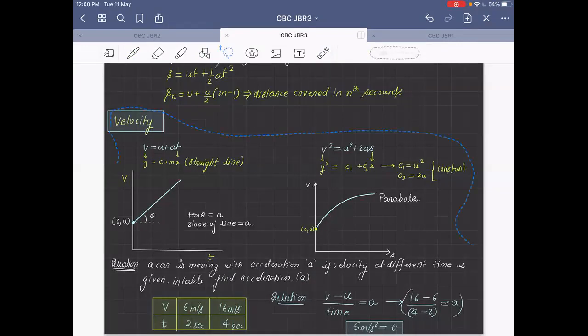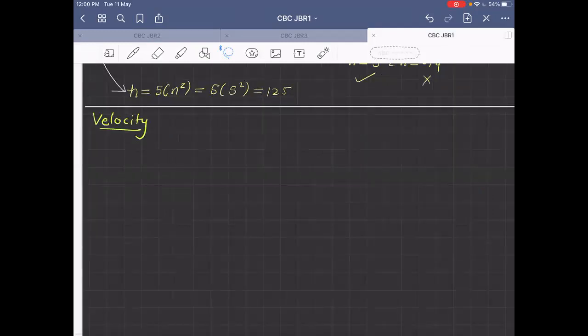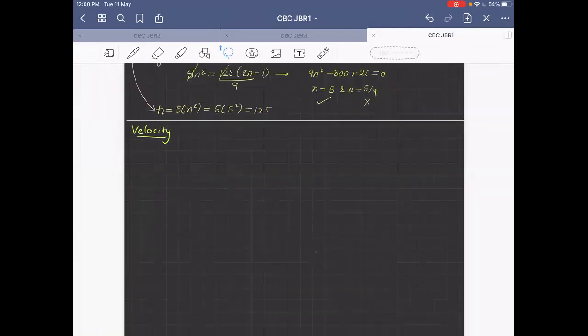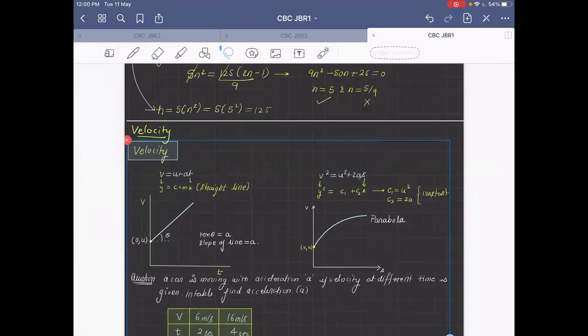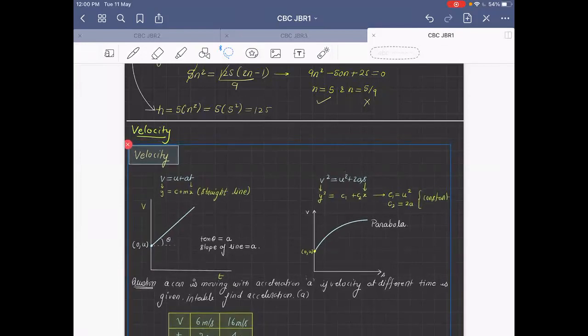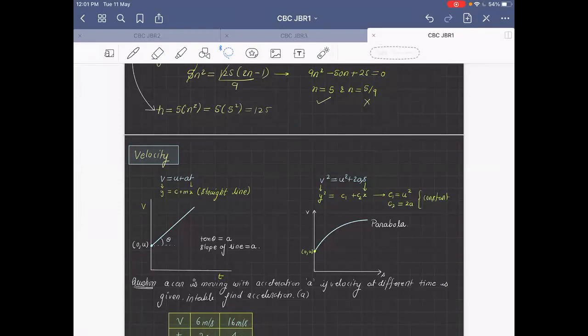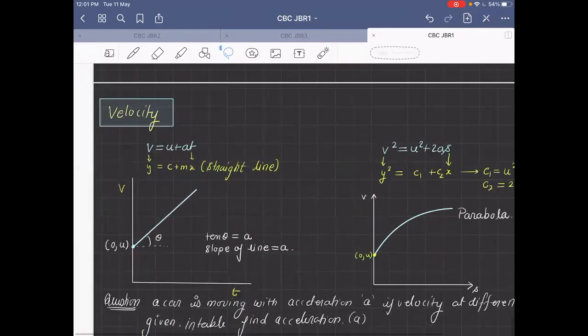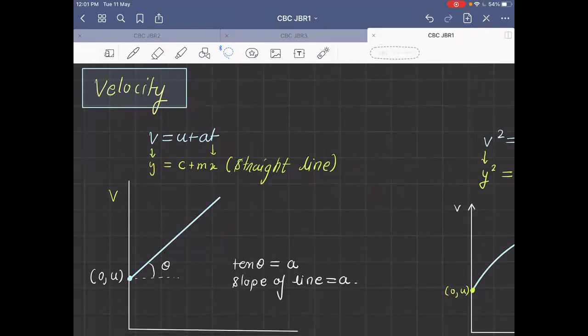Another is v square equals u square plus 2as. And we are also going to do questions on this as well. So let's look at them one by one.